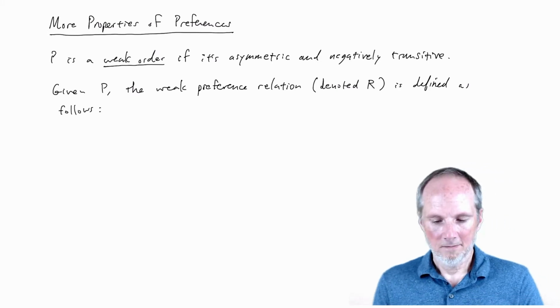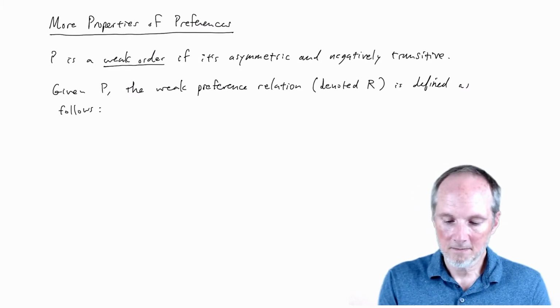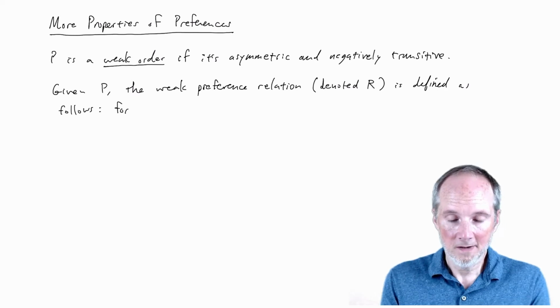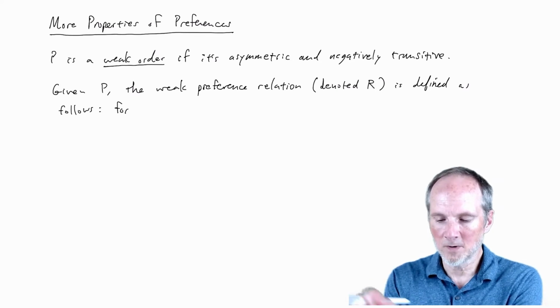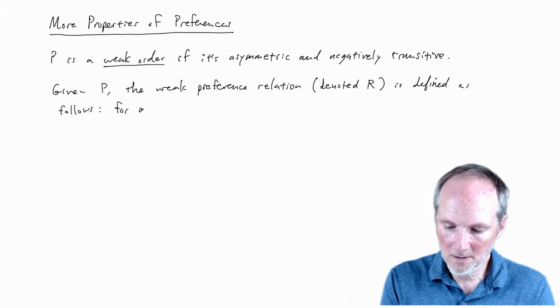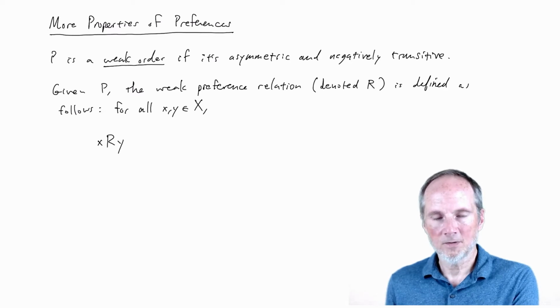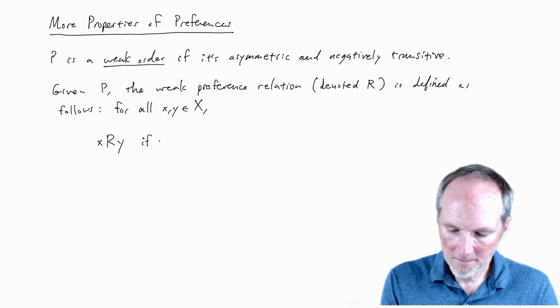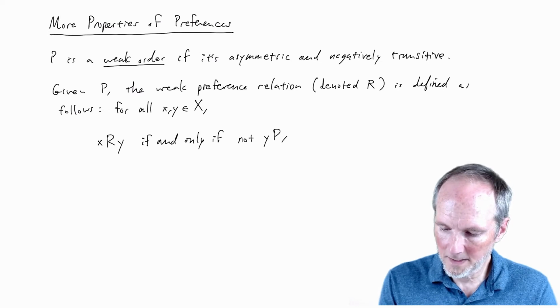Okay, so this is a new thing. We're actually going to define a relation. To do that, I just need to tell you, given any two alternatives, how to identify whether there's a weak preference for one over the other. And the way I'm going to do that is I'm going to say for all alternatives x and y, we're going to define x to be weakly preferred to y if and only if it's not the case that y is better than x.